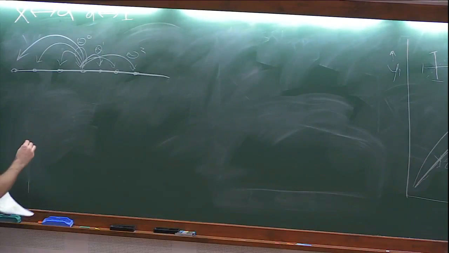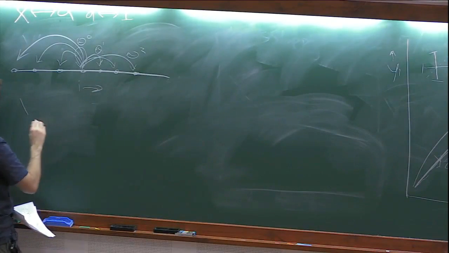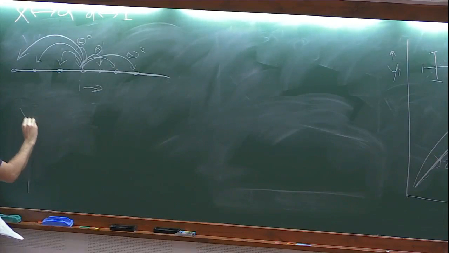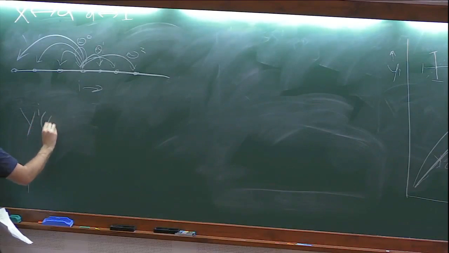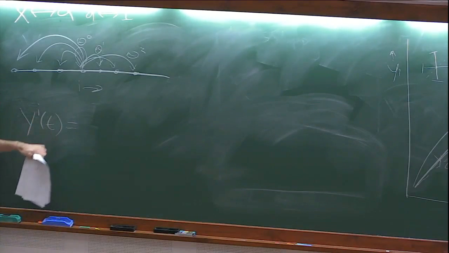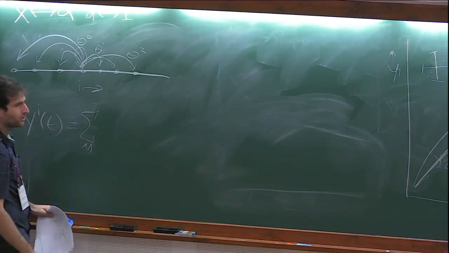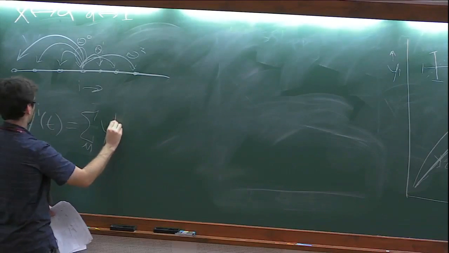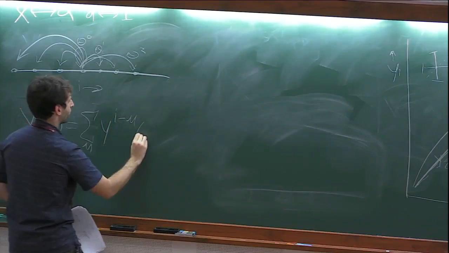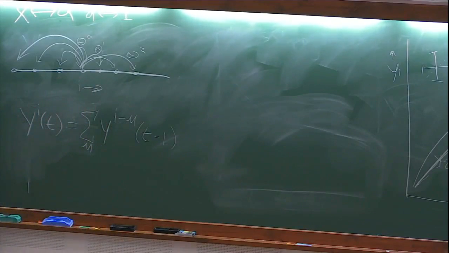And we can write this down in the following way. So this is i in this direction. y_i at time t is going to be equal to the sum over mu of theta_mu times y_{i-mu} at time t minus 1. So our data here is going to be the density of particles.